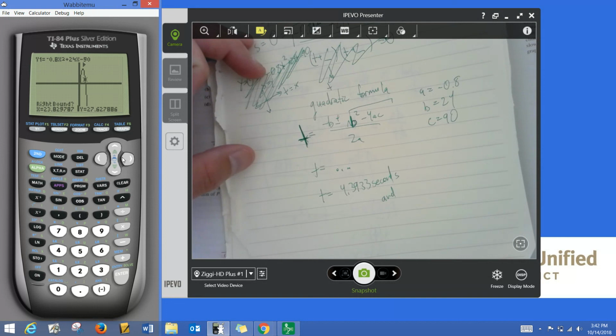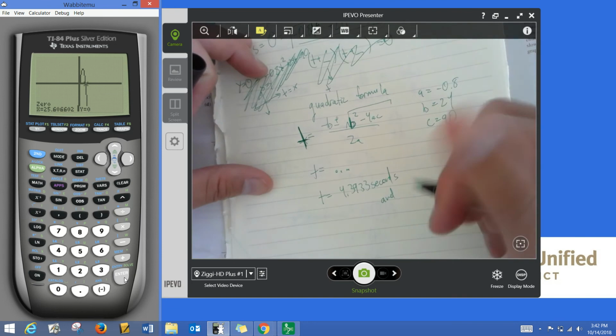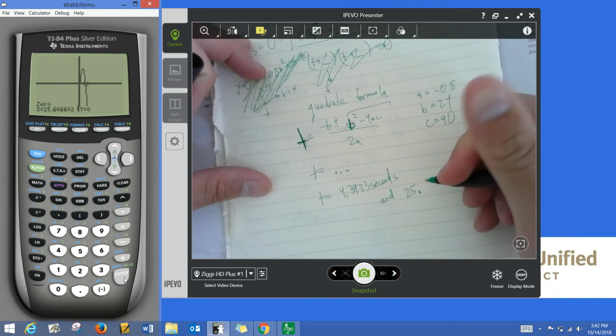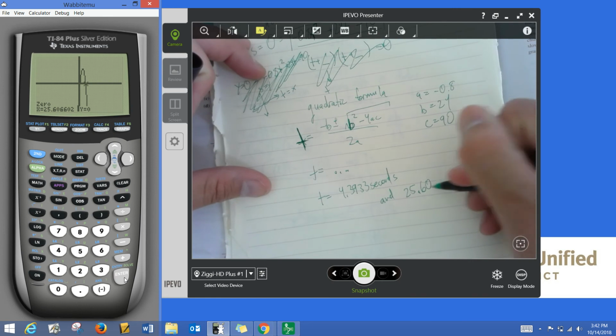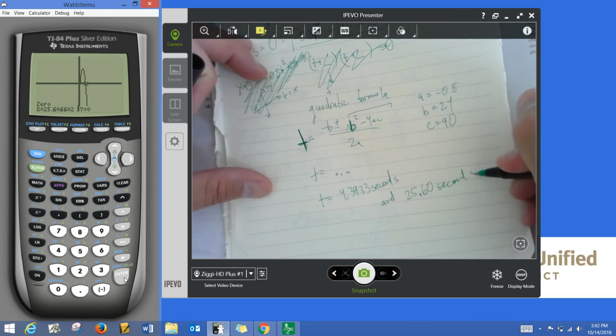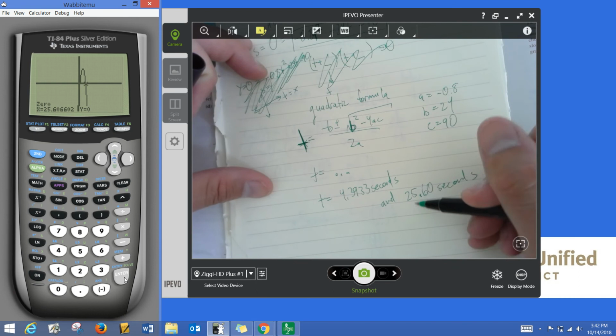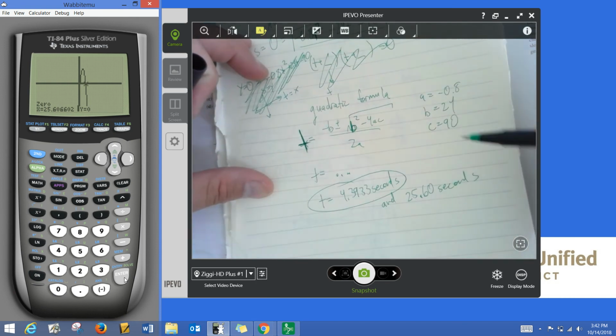Right bound, now we go to the right of that point. Guess, you just press enter again. And then you have another amount of seconds, 25 point 60 seconds. You have two choices. It's either or, not both of these answers. I'm going to tell you right here, it's this one.